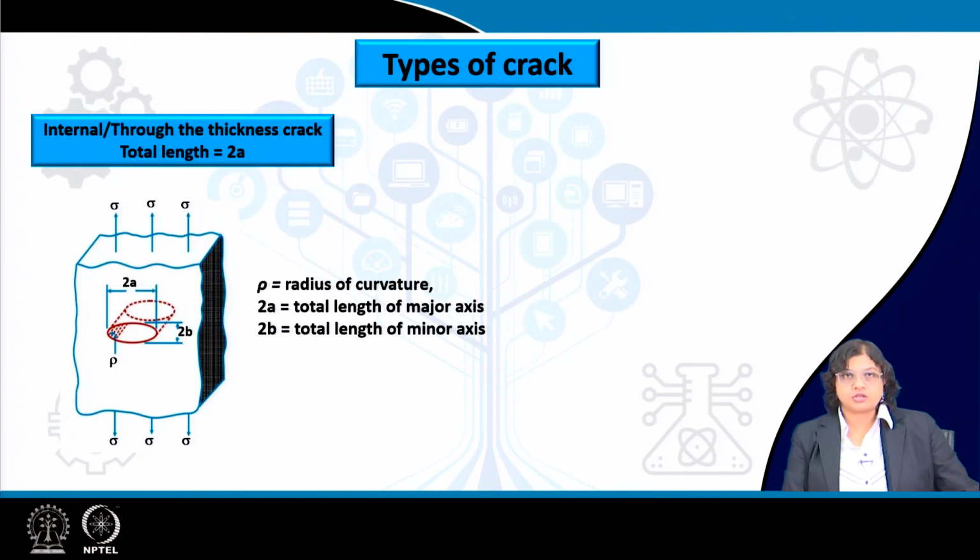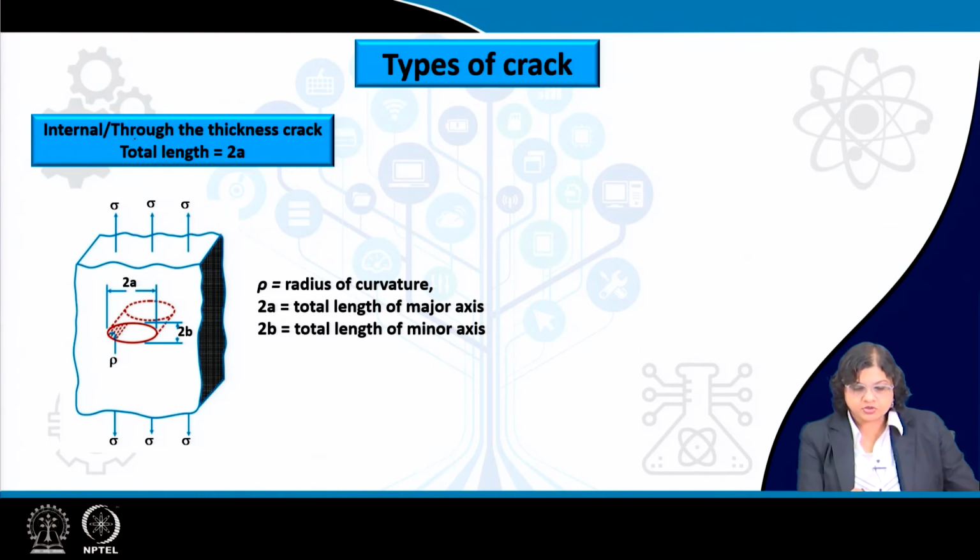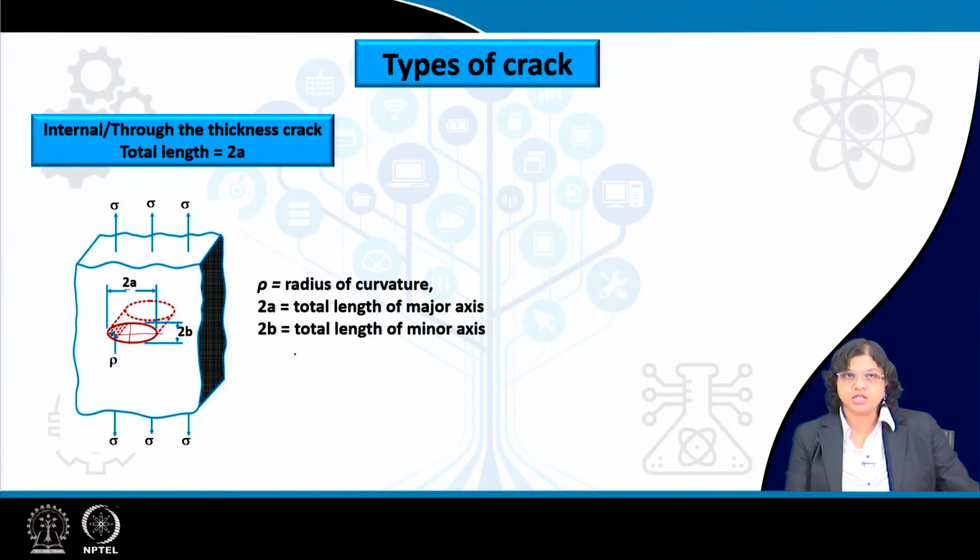The most typical one is the central crack, known as the internal crack, or sometimes the through-the-thickness crack, which means that the crack passes throughout the thickness. This one is an elliptical crack which has a major axis of 2a, a minor axis of 2b, and a radius of curvature of rho. These are the typical parameters that we need to describe a crack.